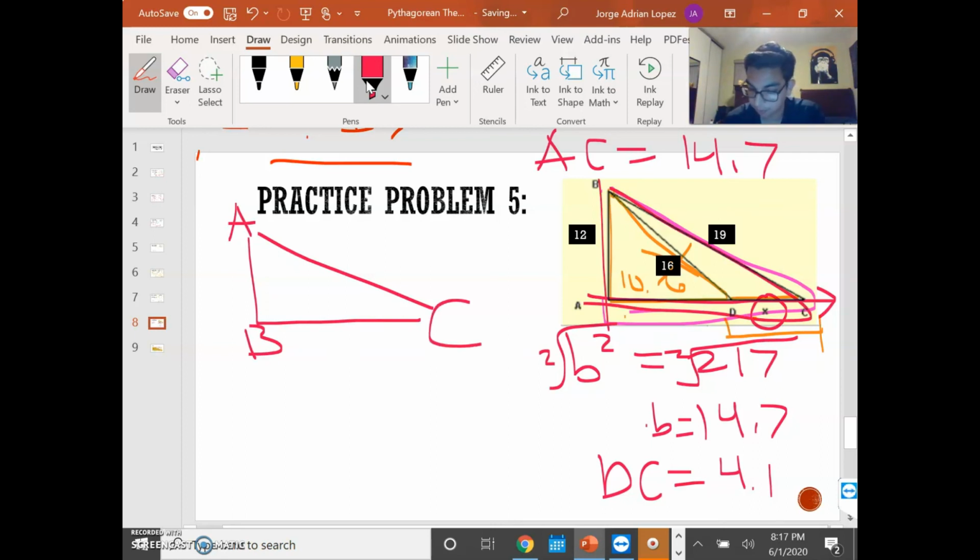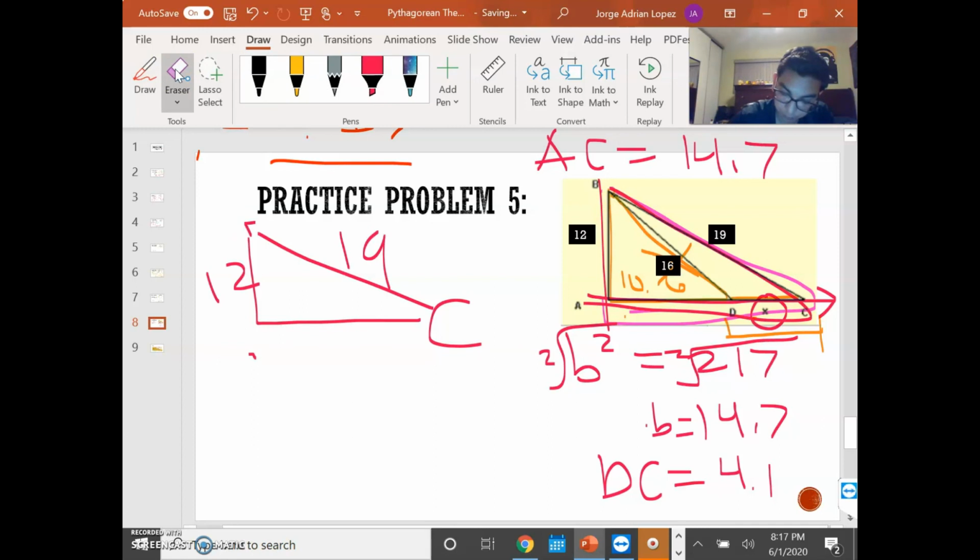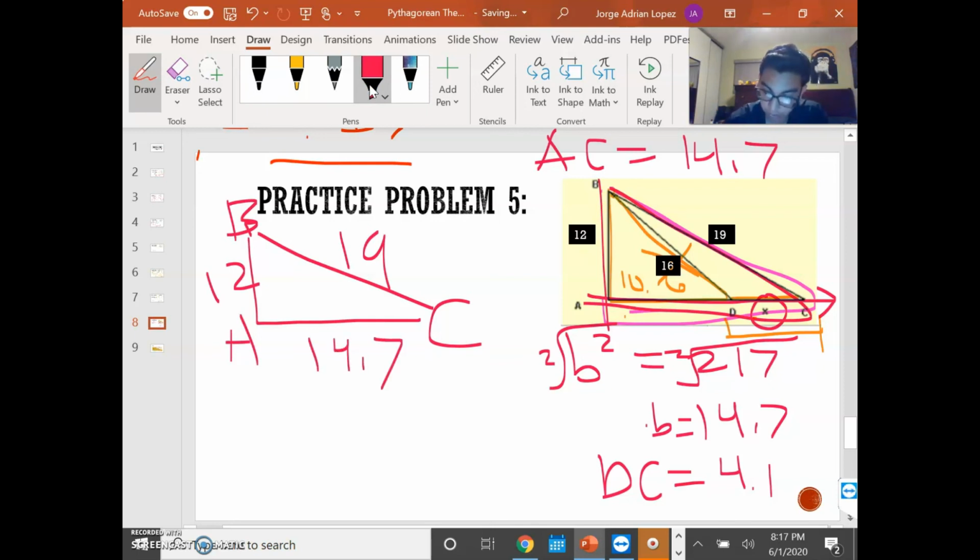A, B, and C, alright? We know A to B is 12, B to C is 19, and A to C, oh, I wrote that wrong. This is B, and this is A. We know A to C is 14.7. So let's do Pythagorean theorem and make sure it all works out.